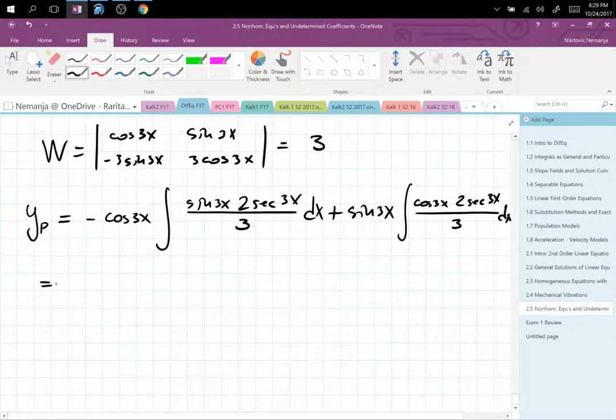Now we can kick 2/3 outside, so negative cosine 3x, negative 2/3, there we go. And we have sine times secant. Secant is 1 over cosine, so this is a tangent. We can't integrate tangent directly, so we are just going to leave it as sine over cosine.